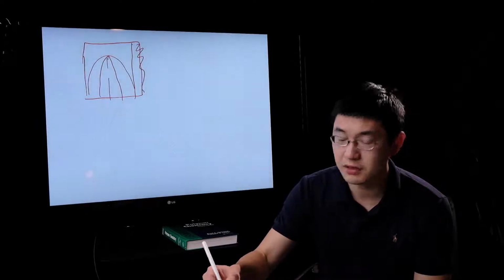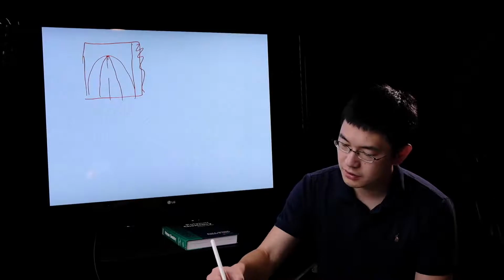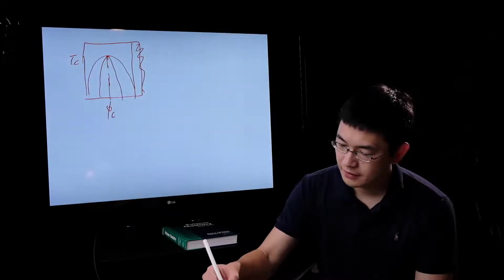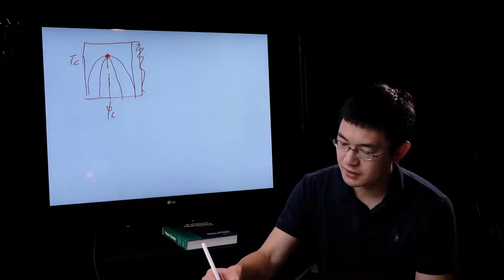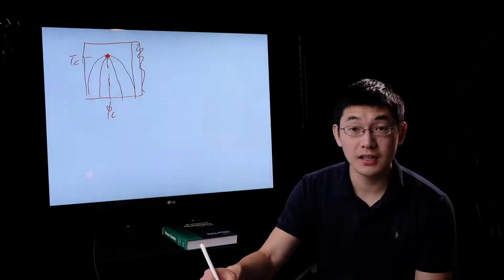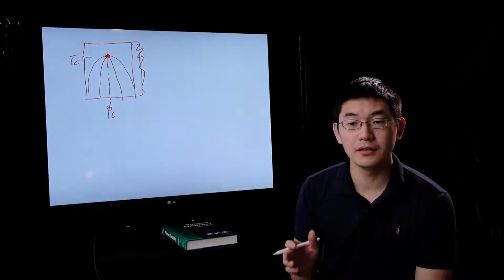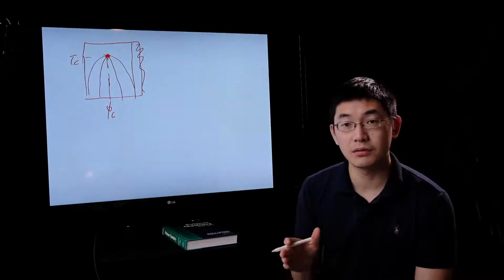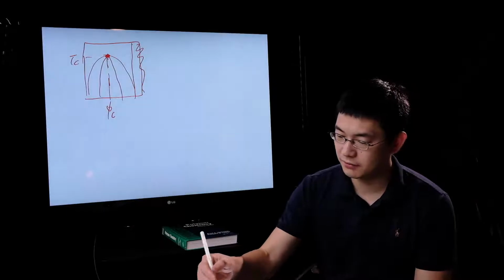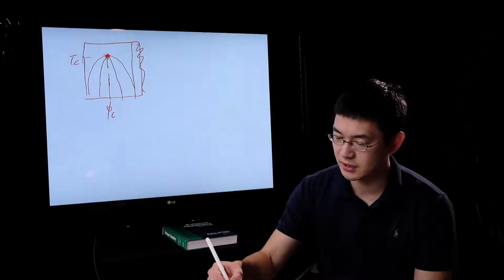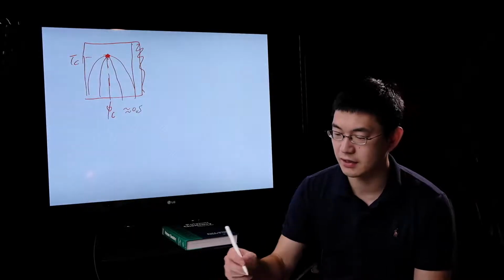So it's always going to be very symmetric. So Tc always relates to a phi c. Tc is defined as the critical temperature, and phi c is defined as the composition of one material at this critical temperature. In other words, if it's symmetric, then phi c always happens at 0.5.